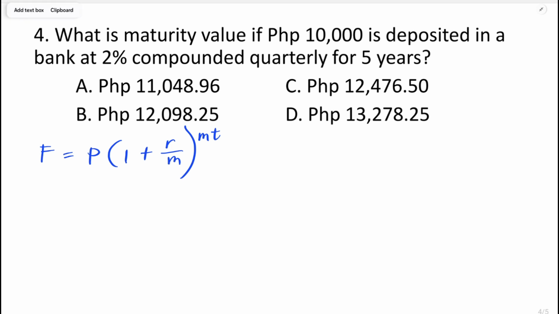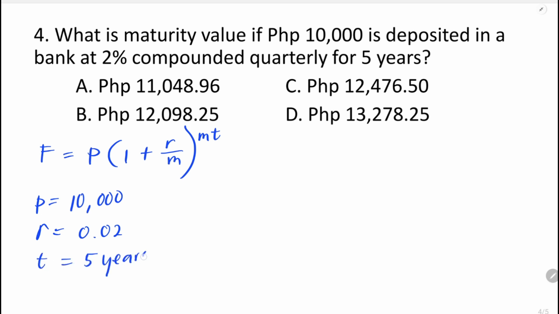Sa given natin, P is 10,000. Our rate is 0.02 or 2%. Ang T is 5 years. Ano yung M? So, yung M, since ito ay quarterly, meron tayong 4 na quarter sa loob ng isang taon.